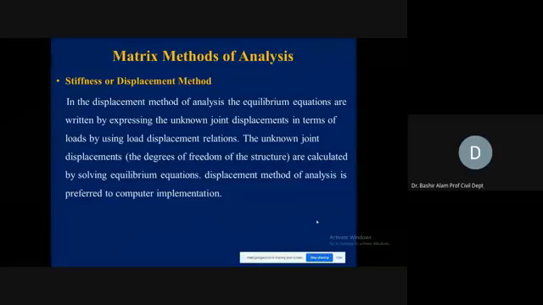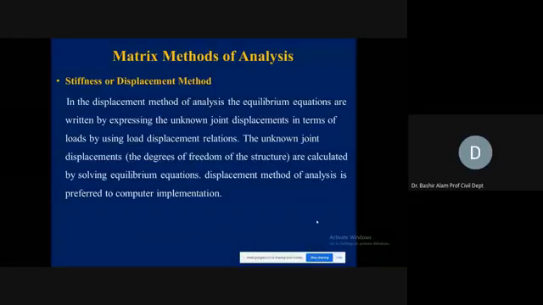In this method of analysis, the equilibrium equations are written. Now, when we go to the comparison, you will see all these things. In case of the force method, we were writing the compatibility equation, but here we will be writing the equilibrium equations by expressing the unknown joint displacements in terms of loads by using load displacement relations.